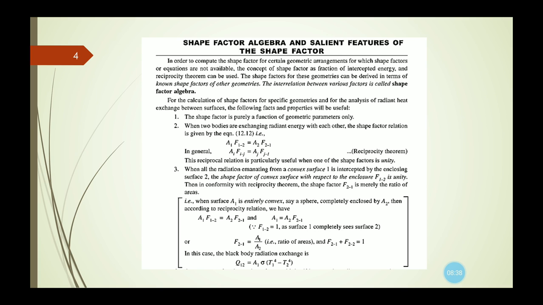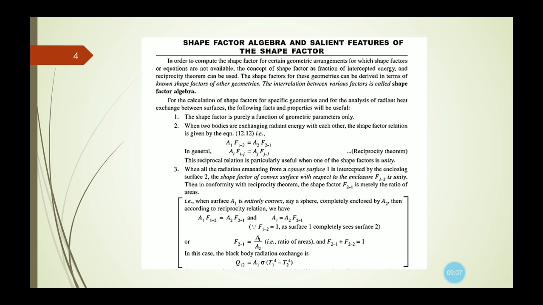Now for point number 3, when all the radiation emanating from a convex surface 1 is intercepted by the enclosing surface 2, then the shape factor of the convex surface with respect to the enclosure, F12, is unity. Then the shape factor F21 is merely the ratio of the areas.